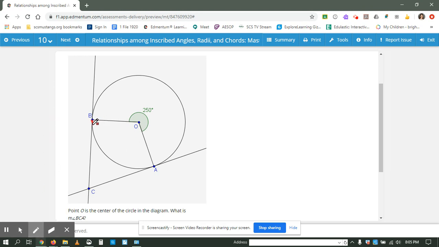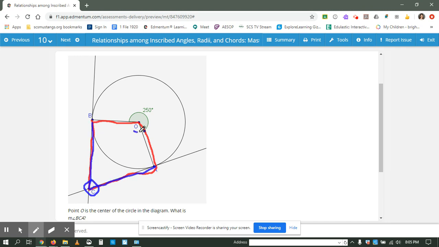So remember we talked about how we've got this quadrilateral, and this isn't true for all quadrilaterals, it's only true for ones that are inscribed within the circle and ones that can be made with the central angle and two tangents. But either way, they're looking for BCA.